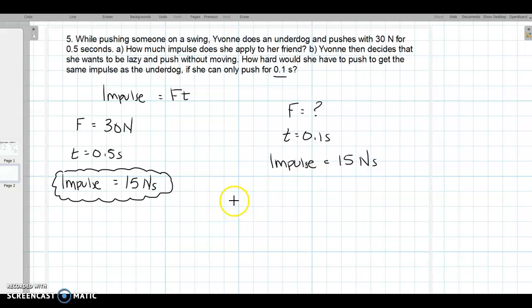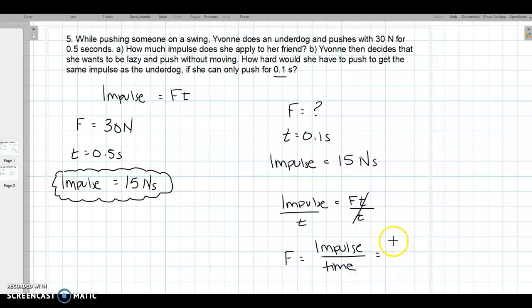Okay, so what we need to think about is how to solve for F using our impulse equation. So let's write out this equation and solve for F, or get F alone. How do I get F alone? Well, I need to divide out by time. That's all I gotta do. Then I'm going to cancel out my time here, and I'm going to be left with time on my other side. So force is going to be equal to my impulse divided by time.